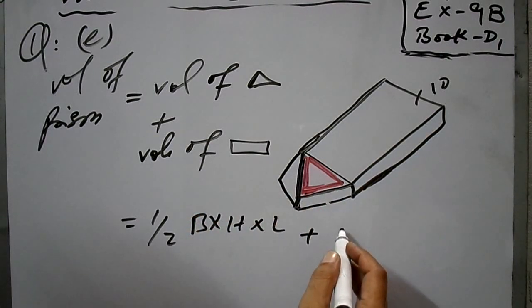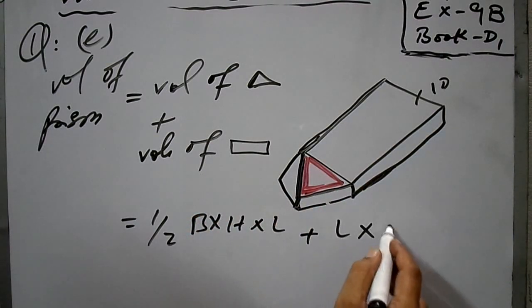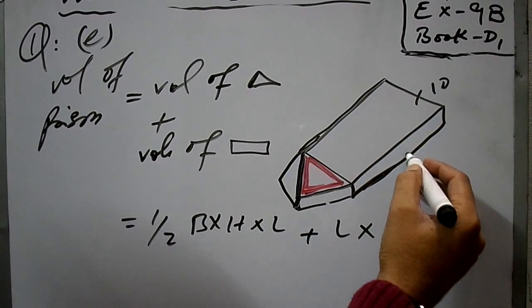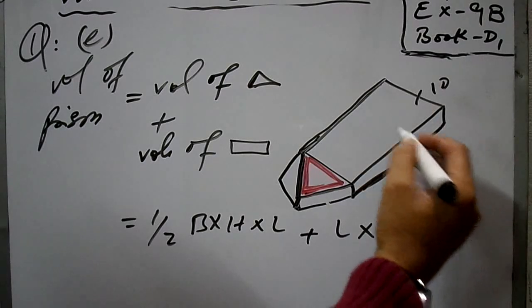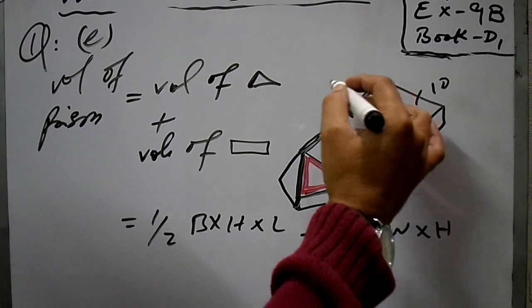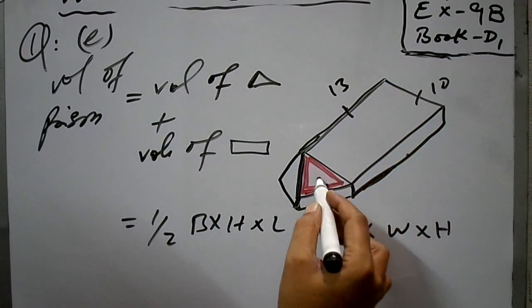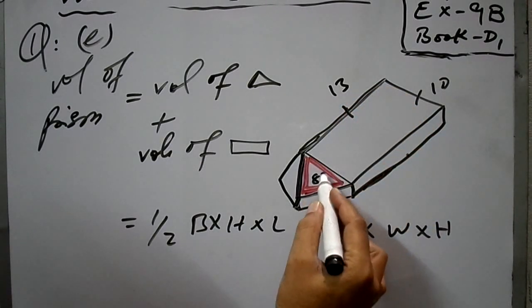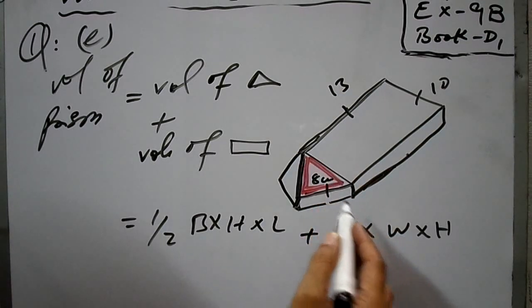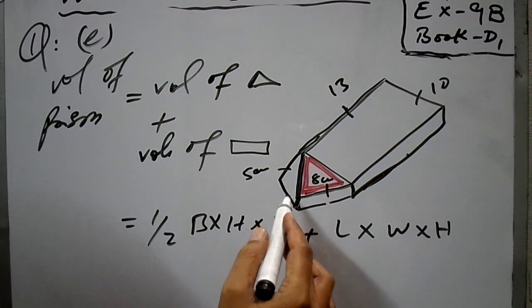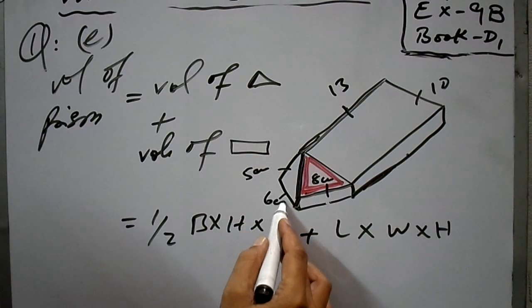So how can you find the volume of rectangle? That is length into width into height. So in the diagram you can see that is 10, and that one is your 13 centimeter, and that portion is your 8 centimeter, and this one is your 5 centimeter, and this one is your 6 centimeter.